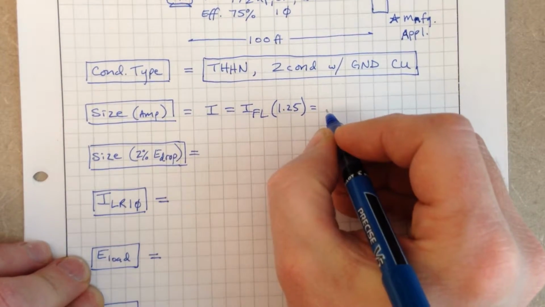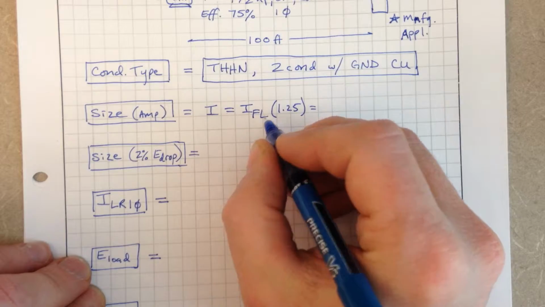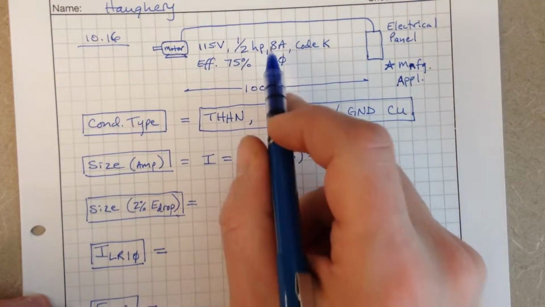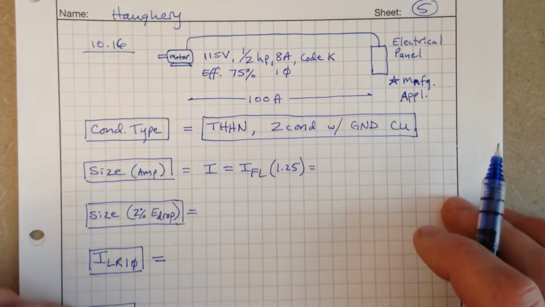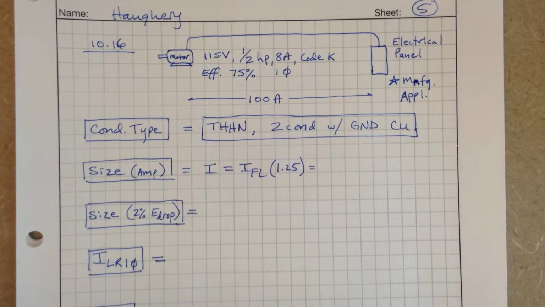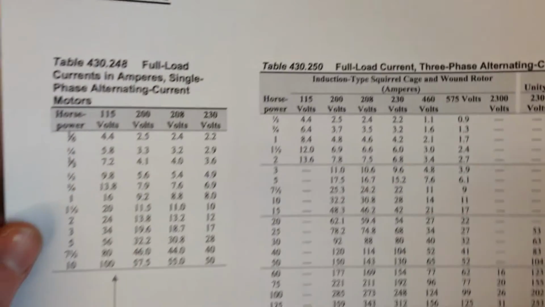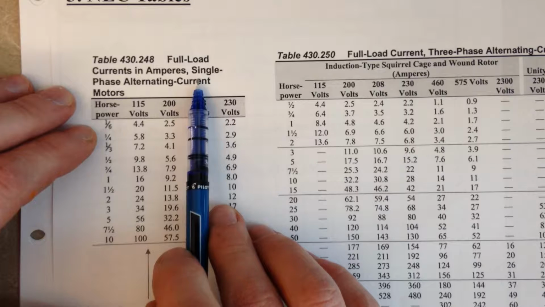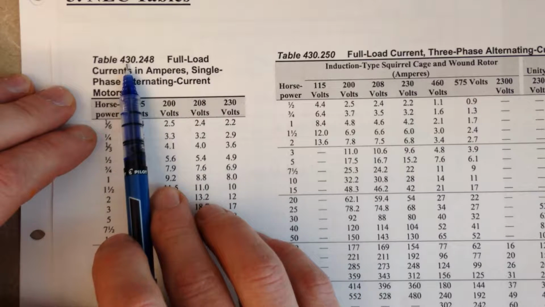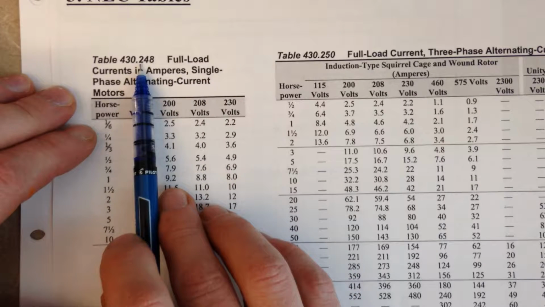What current do I put here? What full load current do I use? Be careful. We don't use the full load current from the motor nameplate. If we remember back to the video slides, the NEC requires that we use full load currents from this table, single phase motors, table 430.248.